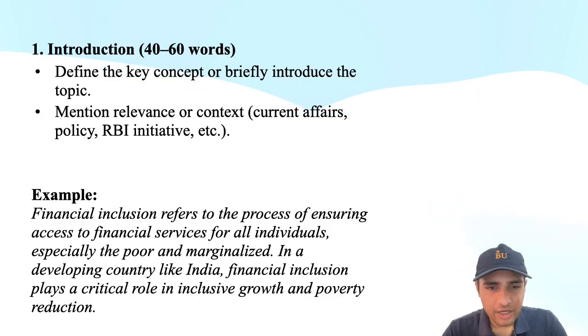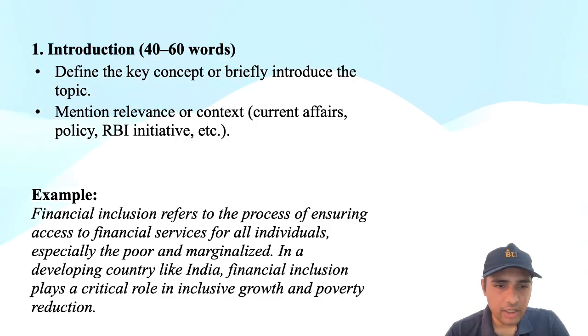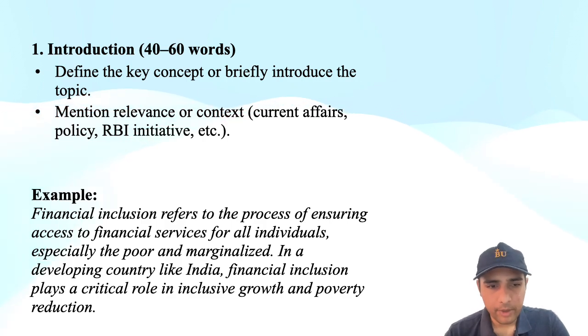After giving the definition, we have related the context to India, as the question is asked in the context of India. In a developing country like India, financial inclusion plays a critical role in inclusive growth and poverty reduction. So over here we have just related it to the context of the question. This is an ideal introduction paragraph, 2 lines. We have used around 40 to 60 words, within the word limit. Like this you have to answer in your exam.